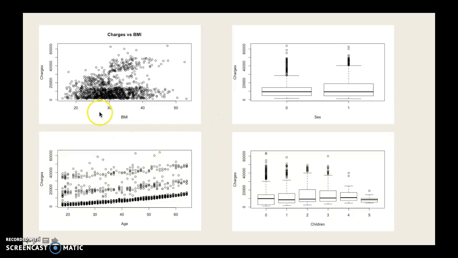It does look like the average cost of insurance does appear to go up as body mass index increases. So there's possibly some relationship there, some correlation. Here we've got the cost for females on the left and male here. Doesn't look to be significantly different.